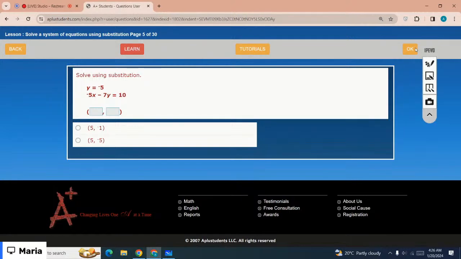Okay, solve using substitution. y equals negative 5, and the second equation is negative 5x minus 7y equals 10. So, which is the correct option?